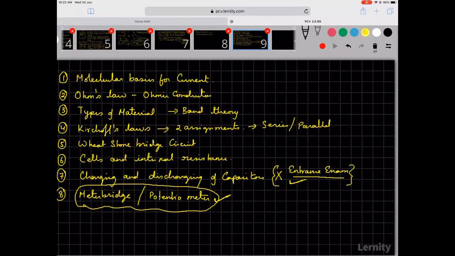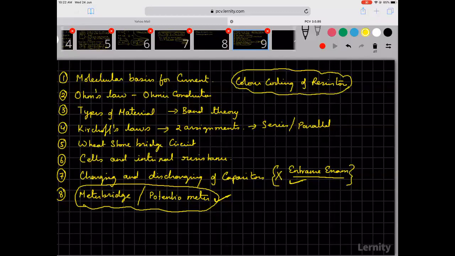The only thing that I have not done is I have not told you about the color coding of resistors. This is also an experiment that you will be doing in your lab. When you go to the market and you buy a resistor, there are some colored bands on it. So what does that mean?